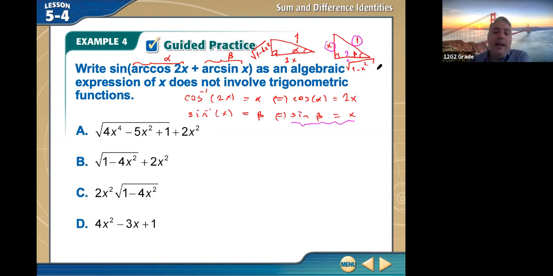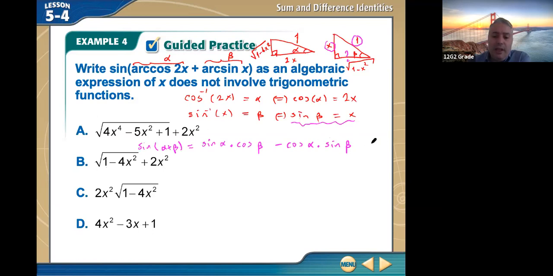Okay. And then sine of alpha plus beta, what is that? It is sine of alpha, cosine of beta, minus cosine of alpha, sine of beta. This is the formula of sine of alpha plus beta.